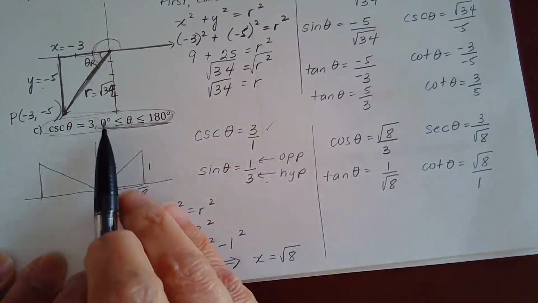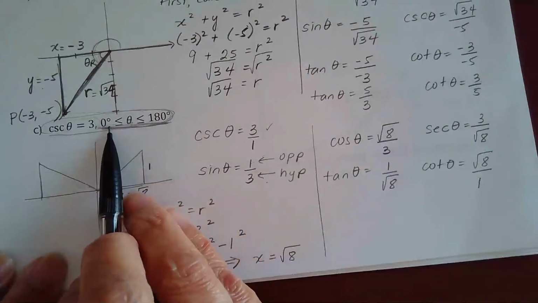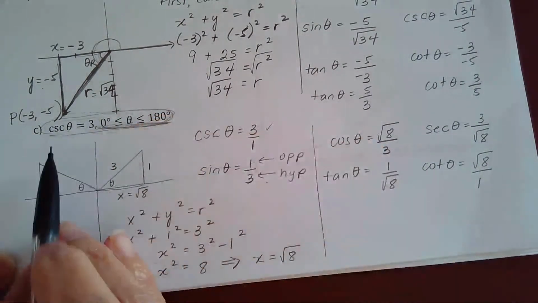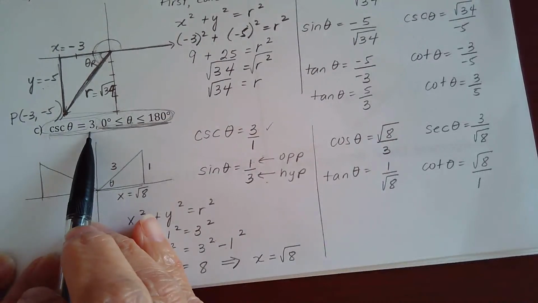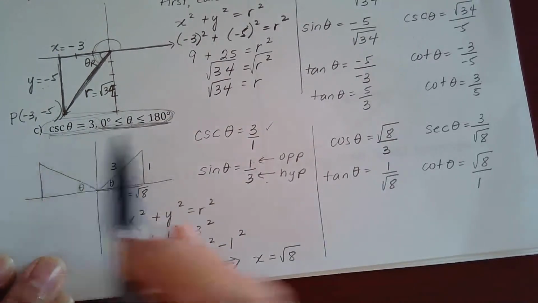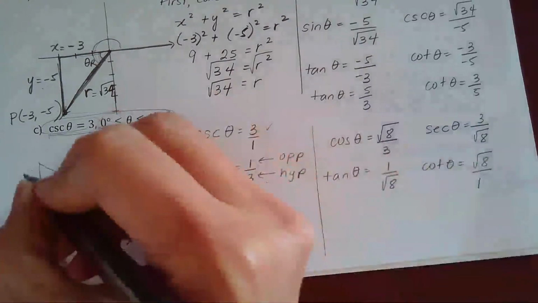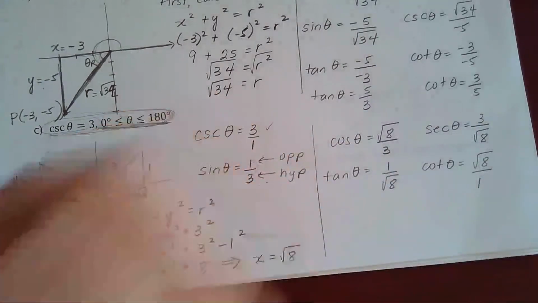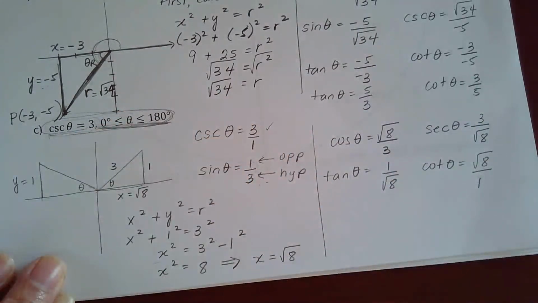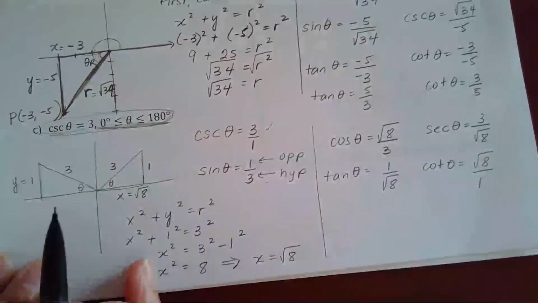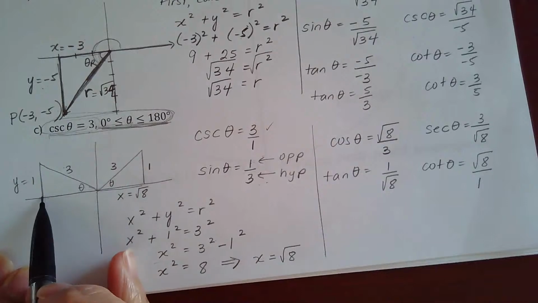So within this restricted domain from 0 to 180 degrees, in this particular case, cosecant is opposite over hypotenuse. Opposite would still be y is 1, hypotenuse is 3.